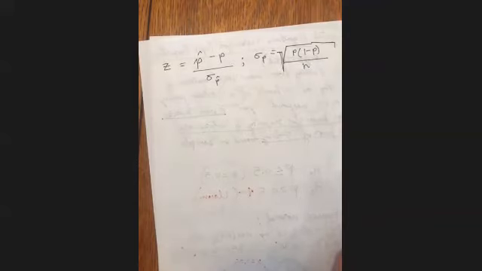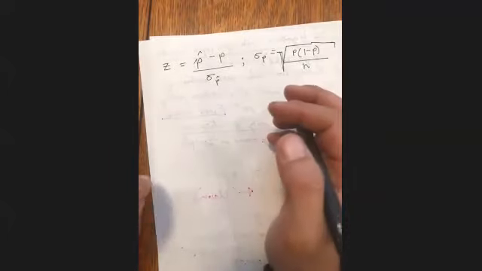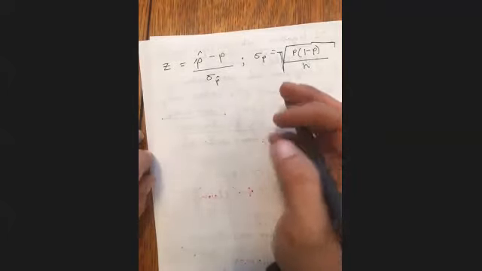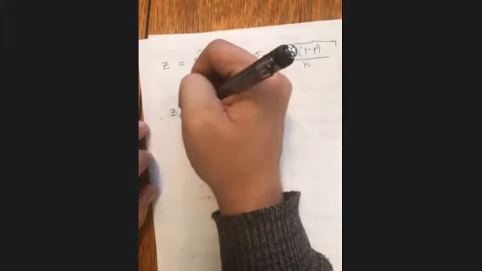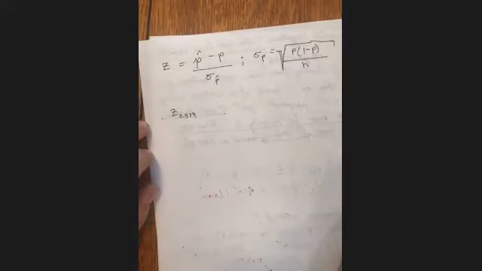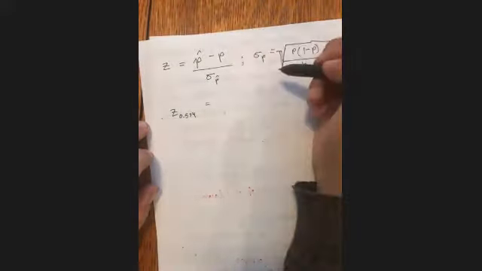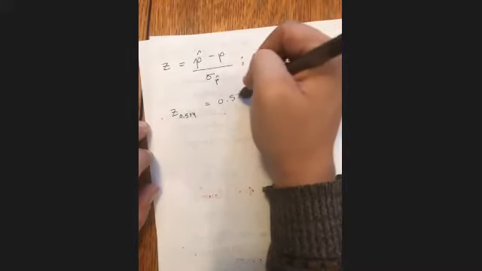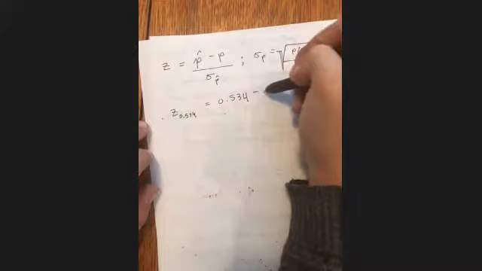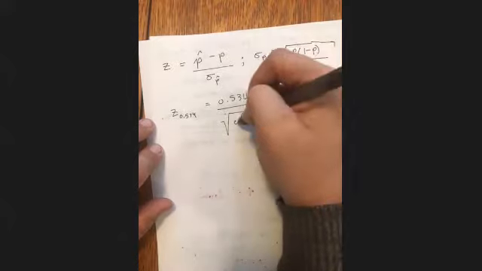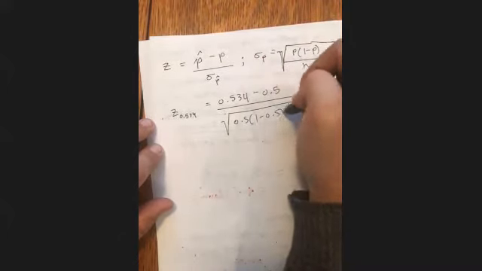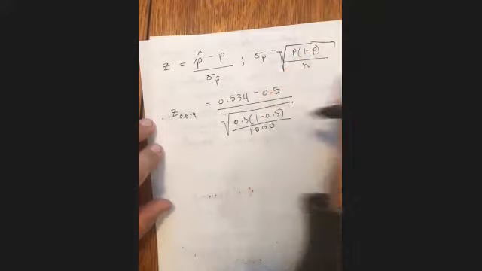So we need to do that z transform. This is essentially the z of the 0.534. We're figuring out what this would be in z land. So that's 0.534 for the p hat minus 0.5, all over the square root of 0.5 times 1 minus 0.5 over 1,000.